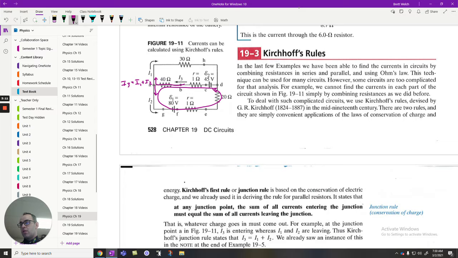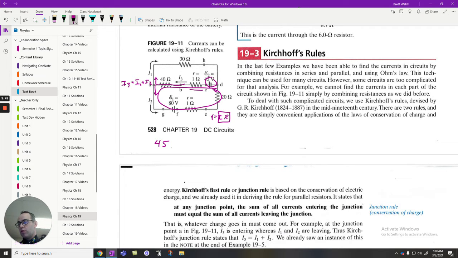So if we look at, say, this loop right here, we know we've got a 45 volt battery. So I've got 45 volts. But I'm going to lose some voltage right here in my first resistor. How much voltage do I lose? Well, Ohm's law says the voltage equals the current times the resistance. So I'm going to use I times R to get my voltage.